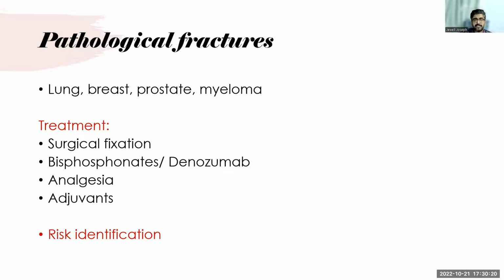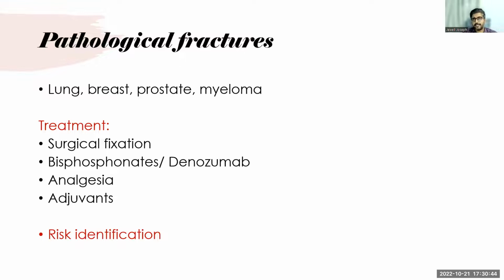Bisphosphonates and denosumab will try to increase the bone mineralization and strengthen the bone. Again, analgesia and adjuvants, because bone pain can be severe. Do you remember that I mentioned in my previous discussion that bone pain always has some neuropathic component as well. So adjuvants in this condition will usually be very beneficial.